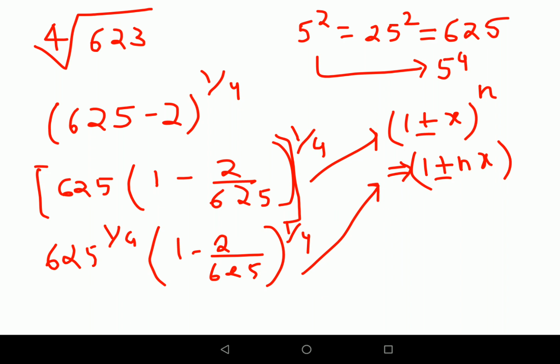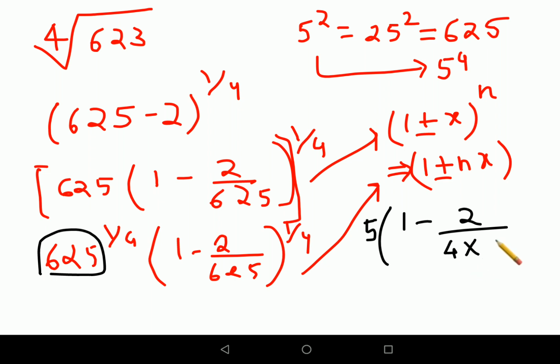Using the same logic, 625 the whole raised to 1 upon 4 is nothing but 5. Then 1 minus 2 into, so I have 1 upon 4 over here, so I'll just multiply 4 with the 625. Okay, so now things are getting cancelled again. So 1 upon 2.